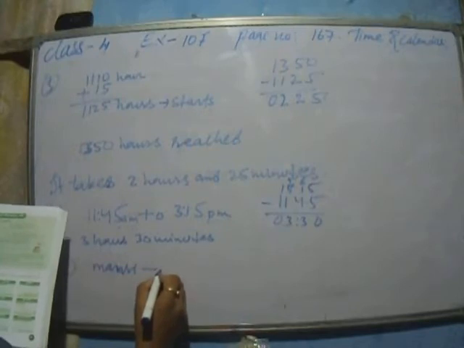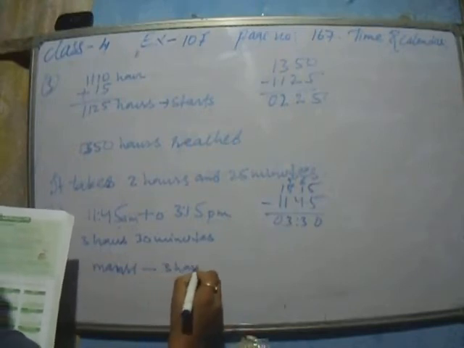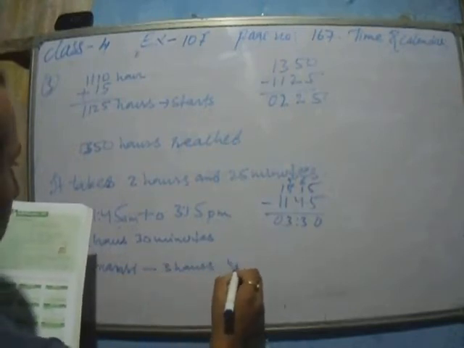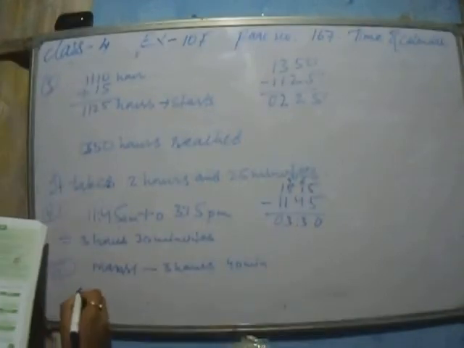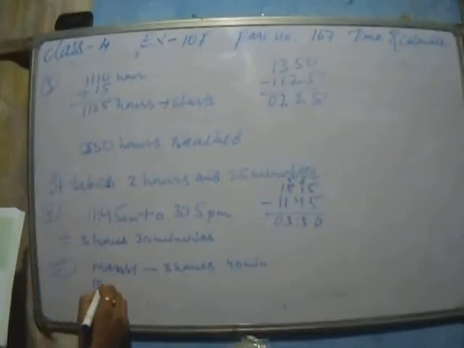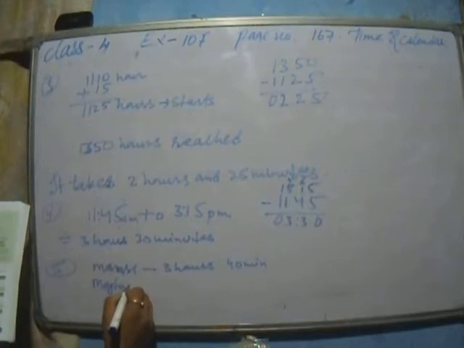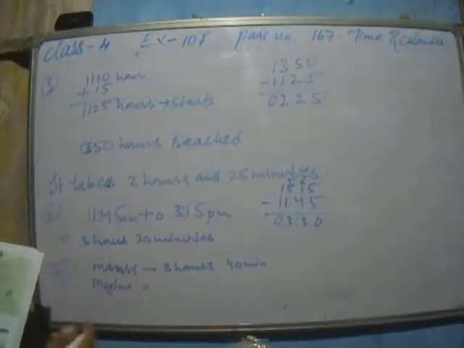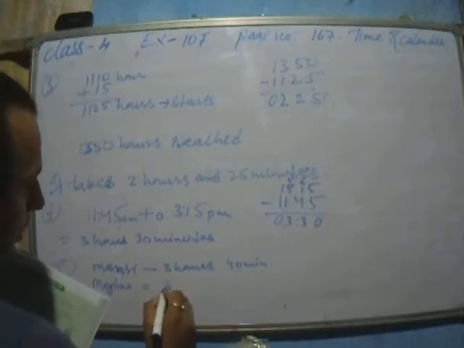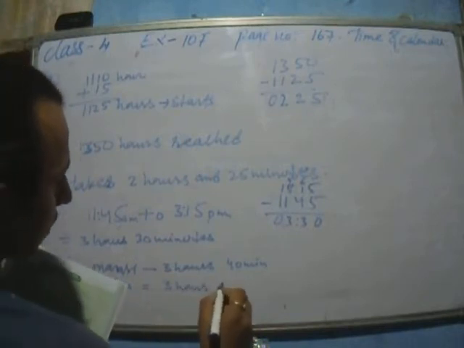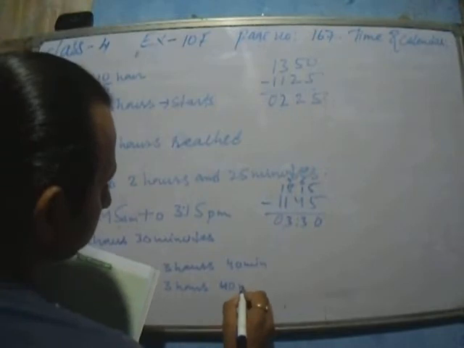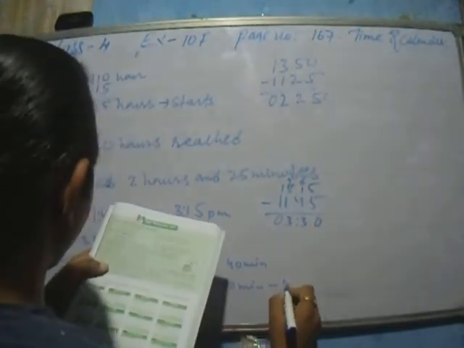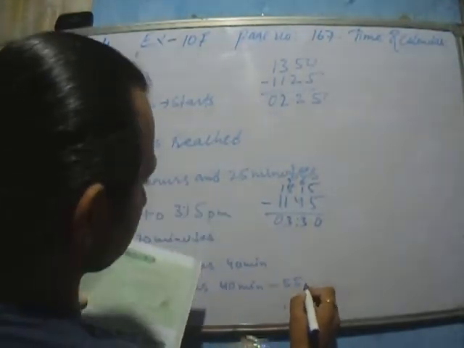Okay. So here, Mansi, how much time did she take? Mansi took 3 hours 40 minutes. Then after that Meghna, it is said 55 minutes less. Okay. So 3 hours 40 minutes minus 55 minutes.